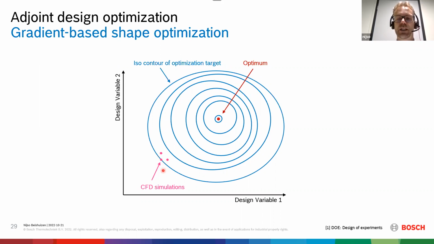And for both simulations, we get a gradient that tells us how the objective changes as a function of the design variable. Then we change the design in the direction that gets us closest to the optimum, and we continue until we reach the optimum. This is still a very expensive procedure, especially when you have many design variables. In this case, there were only two.